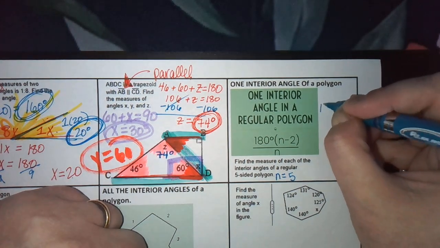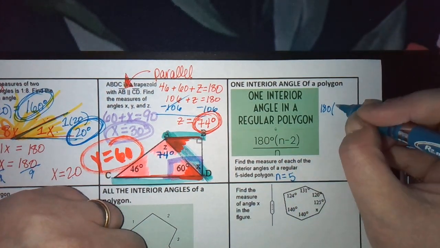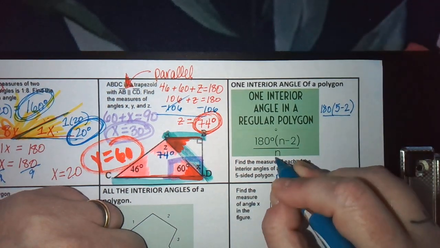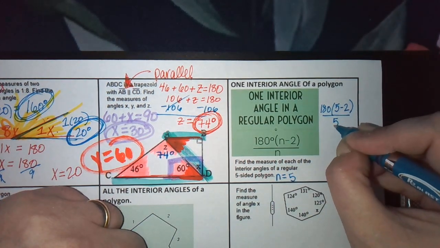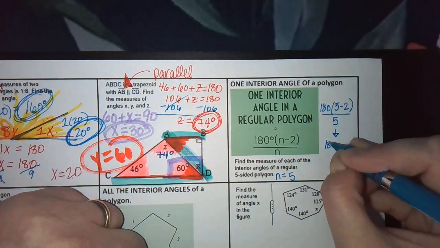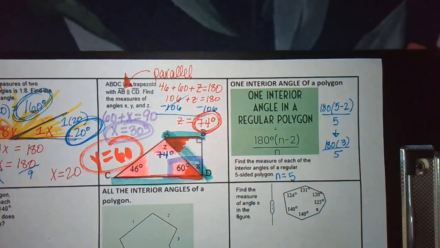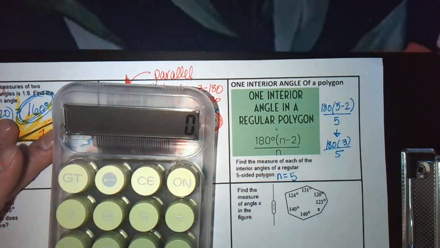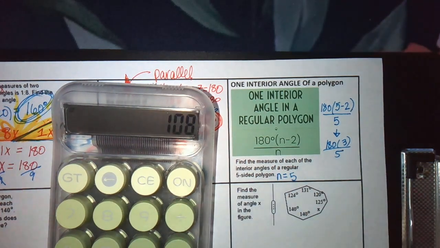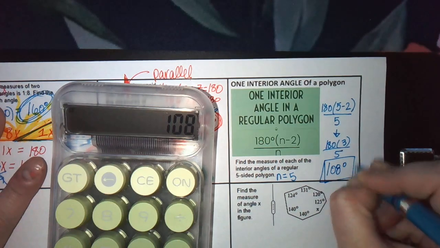We're going to have 180 times n minus 2. Now we have 5 minus 2, all over n, or 5. That makes 180 times 3 over 5. And then if you put that all in your calculator, it equals 108 degrees.